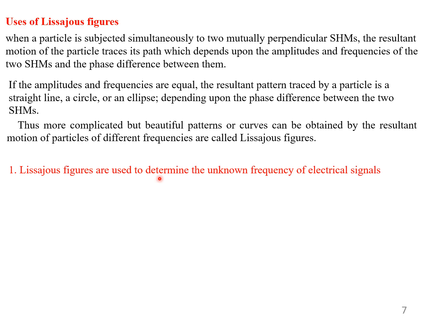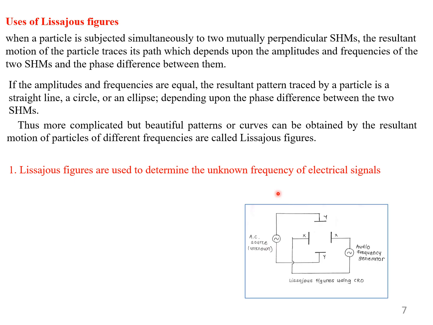First use of Lissajous figures: Lissajous figures are used to determine the unknown frequency of electrical signals. The following circuit diagram shows how to obtain Lissajous figures on a CRO. By observing the nature of the Lissajous figures, if one of the frequencies is known, the other can be calculated.